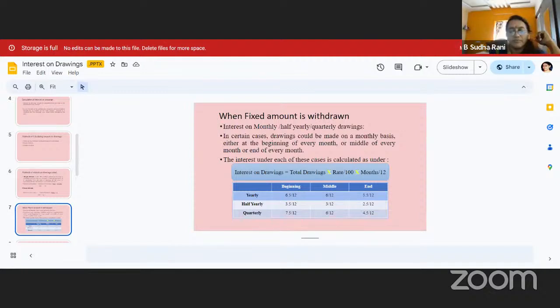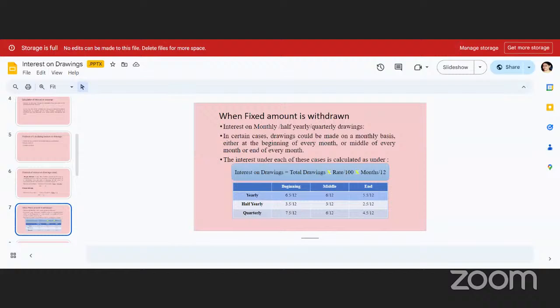Shall we leave? Ma'am, what are you going to teach in the next class? Admission of a partner. In that, calculation of new profit sharing ratio, a part of the long answer and the short answer question, and calculation of goodwill, then a complete long answer sum on admission of a partner. The next complete class is this only.